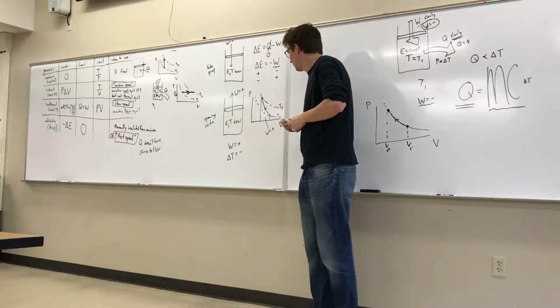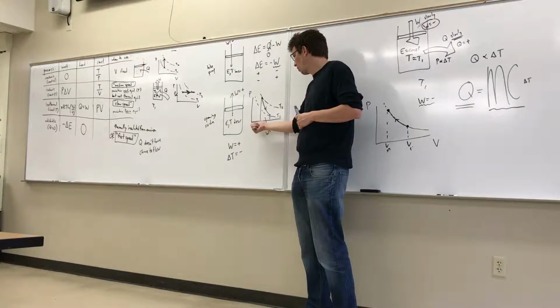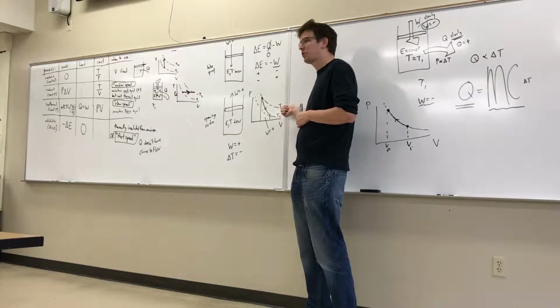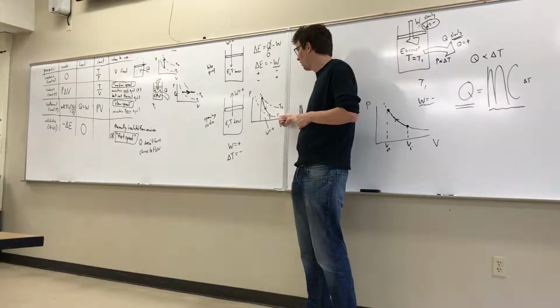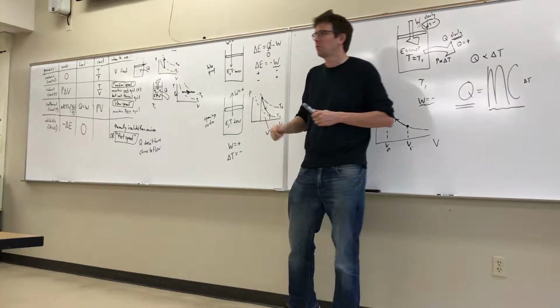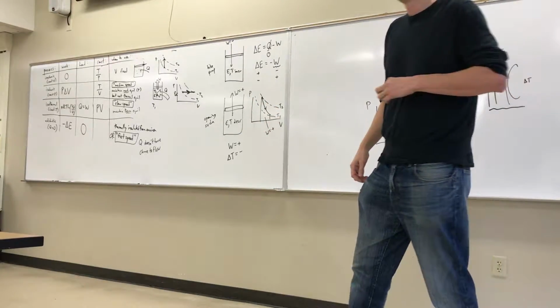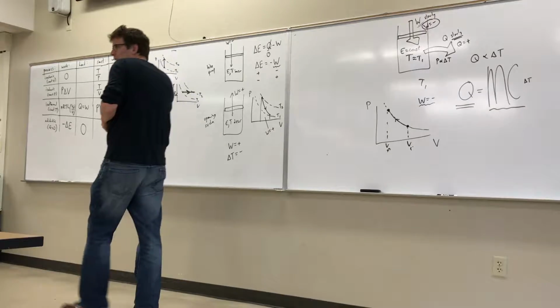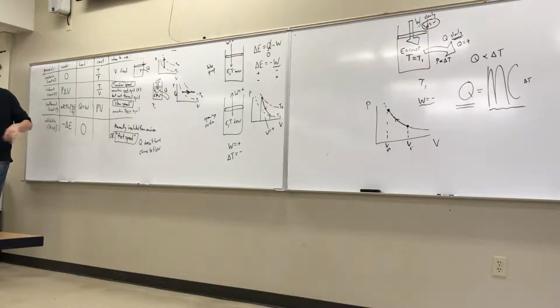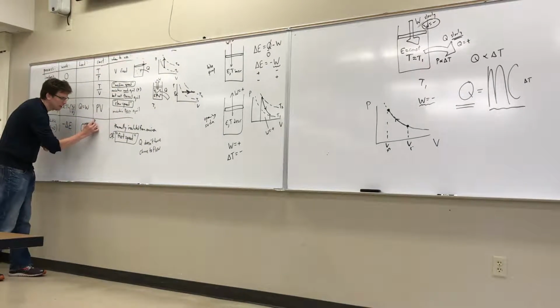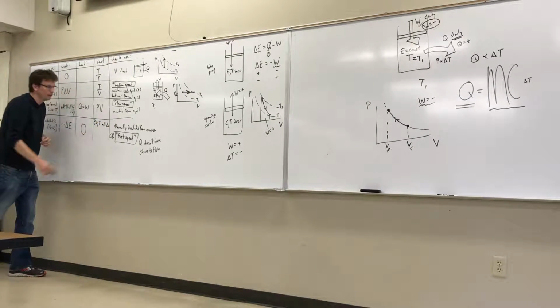So you can see here, the volume is changing. You're going from one volume to another. The temperature is changing. You're going from one temperature to another. And the pressure is changing. You're going from one pressure to another pressure. So you might be skeptical that there's any kind of constant to be had here because P, V, and T are all changing. All delta.